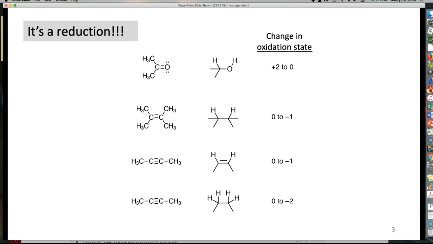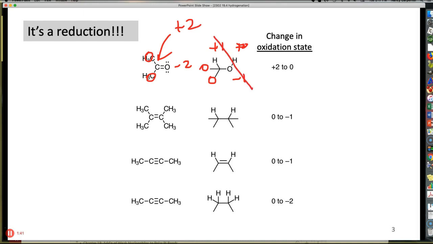So let's just do a little math here. I've got an oxidation state of +2 here because 0, 0, and -2. That means the carbon on my ketone must be +2. And now I have 0, 0, +1, -1. Those two cancel each other out. So my oxidation state is going from +2, a more highly oxidized carbon, to 0, a less highly oxidized or more reduced carbon.